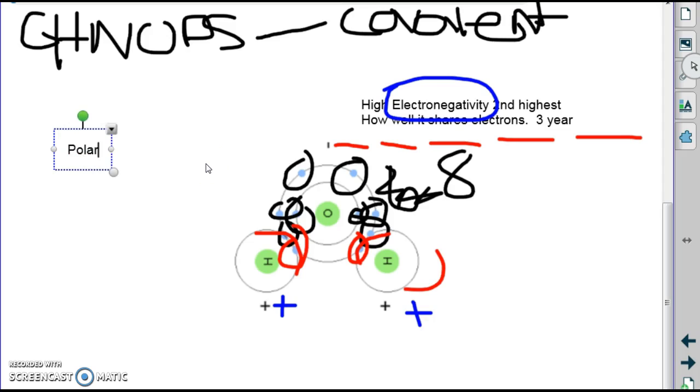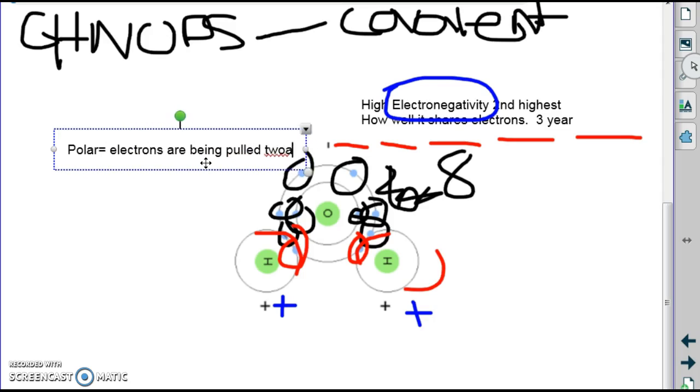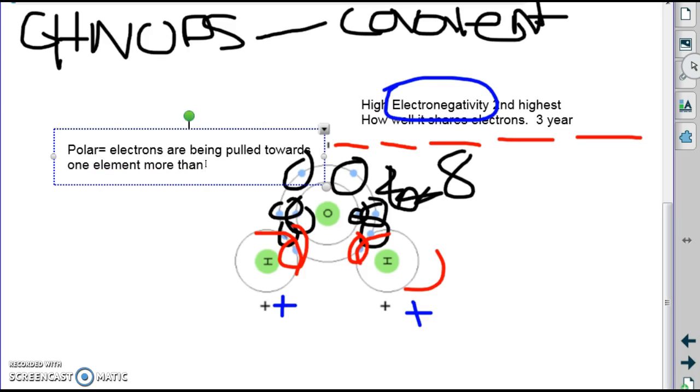And really polar just means that the electrons are being pulled towards one element more than others. And that's just a characteristic property of oxygen, which is, it just is, right? So because of this, it gets a slight negative charge.